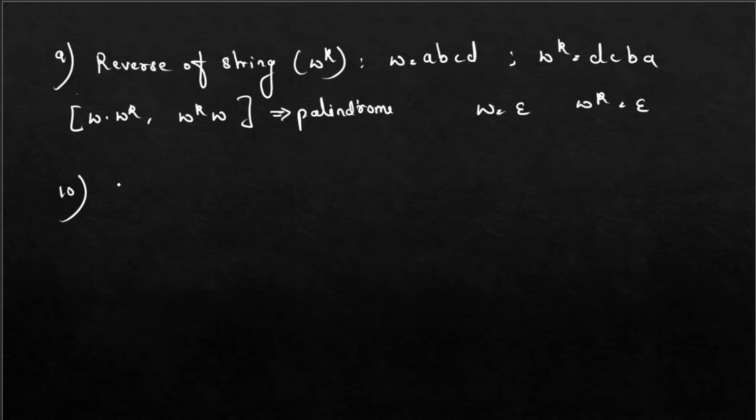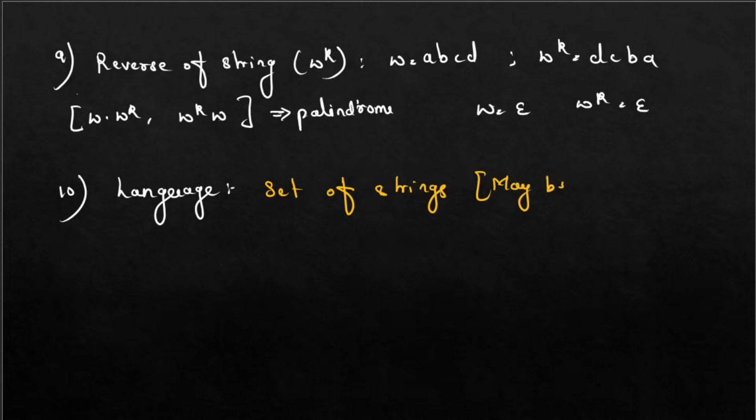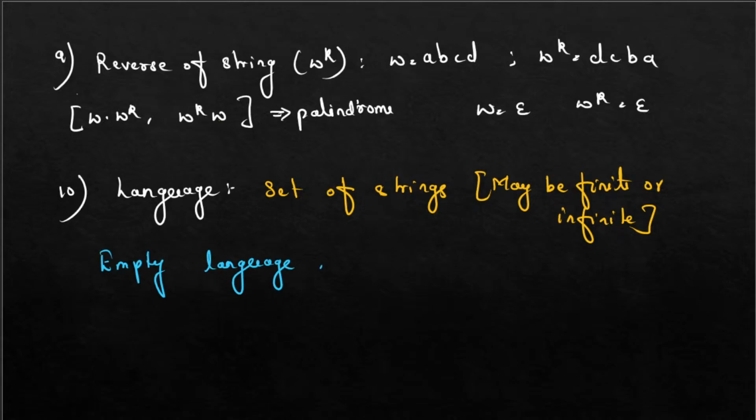Now let's see the 10th. What is a language? Language means a set of strings, which may be finite or infinite. Here an empty language is possible, like L equals the braces with nothing inside, which equals phi.